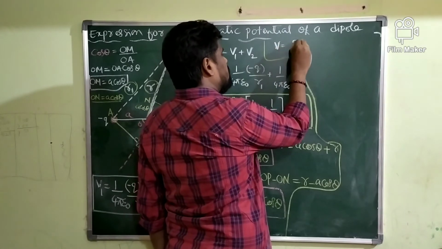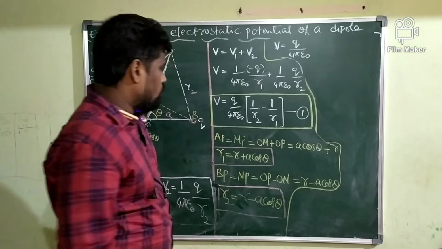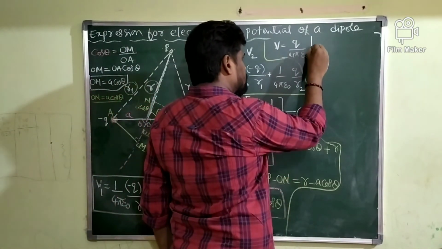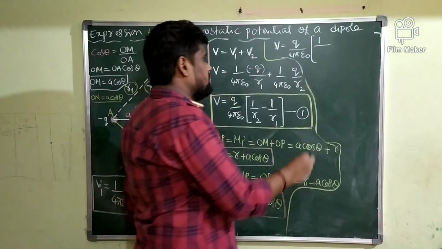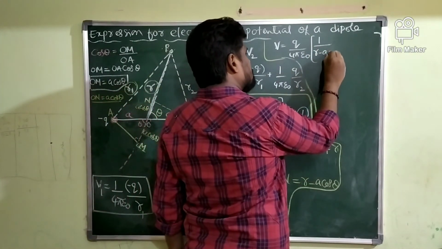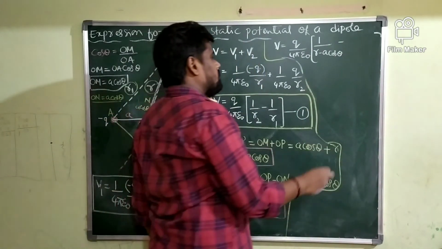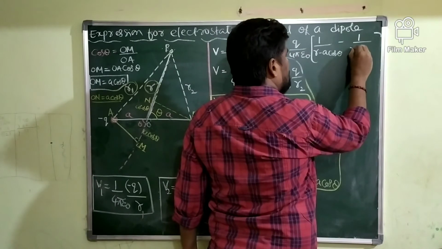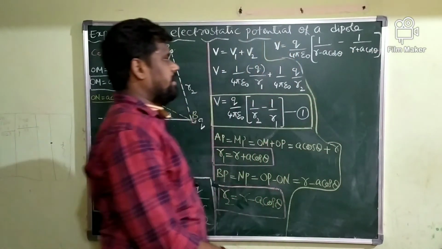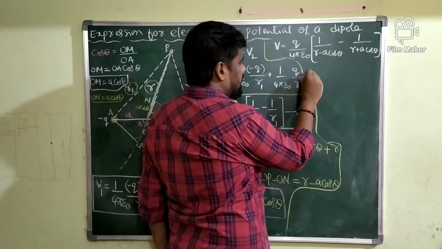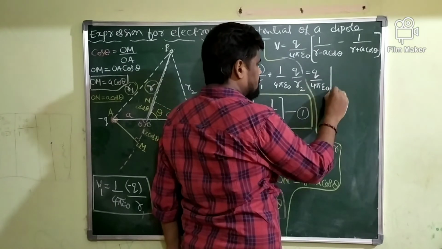V is equal to Q divided by 4 pi epsilon naught, into 1 by R2, that is 1 by R minus A cos theta, minus 1 by R1, that is R plus A cos theta. Q divided by 4 pi epsilon naught as it is.